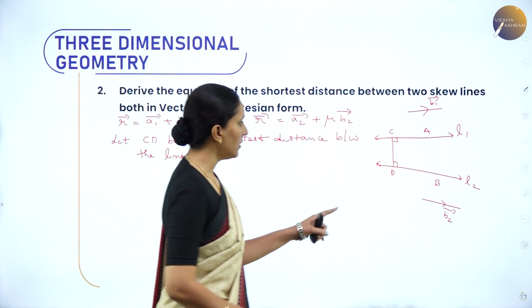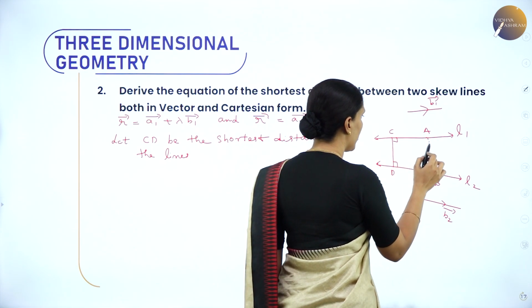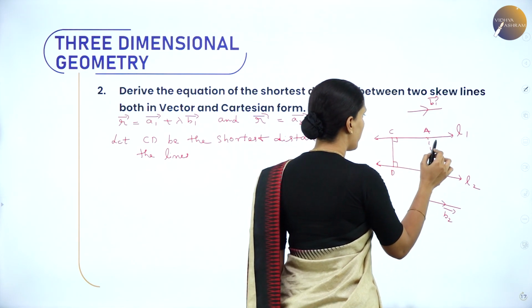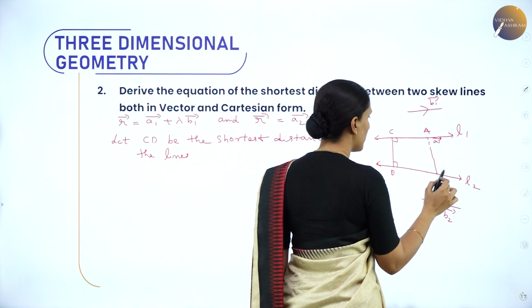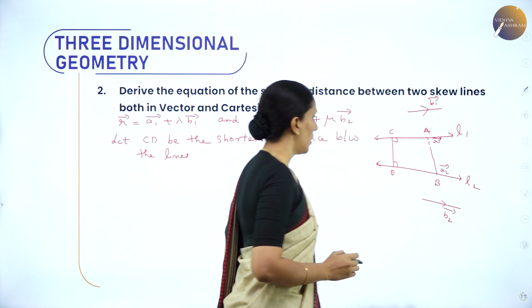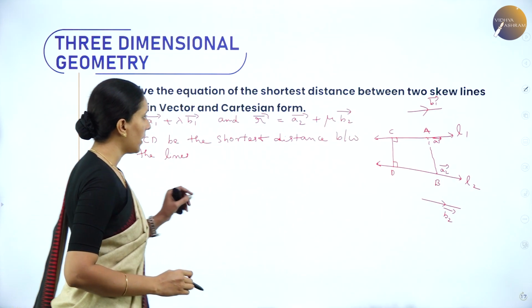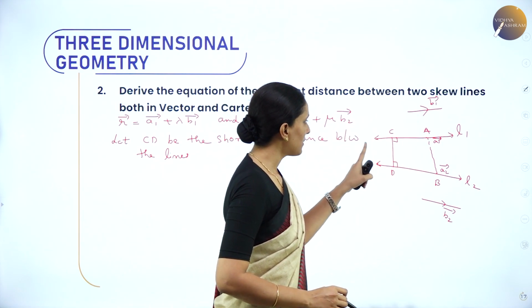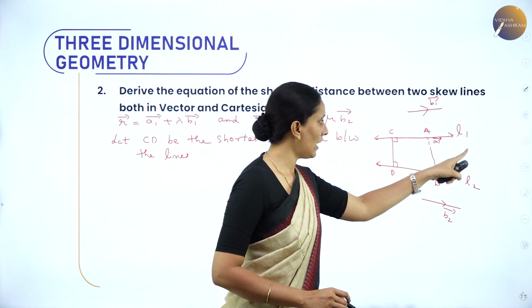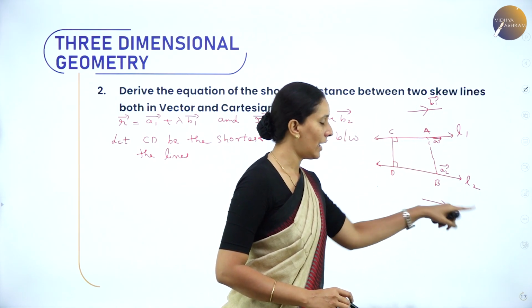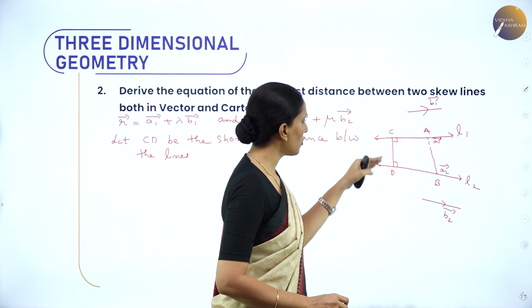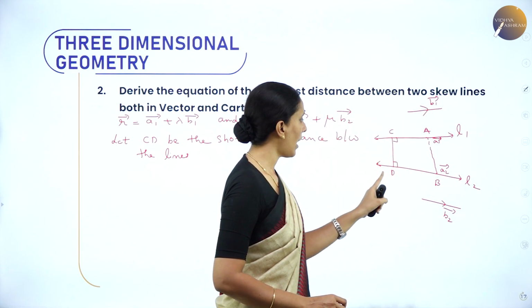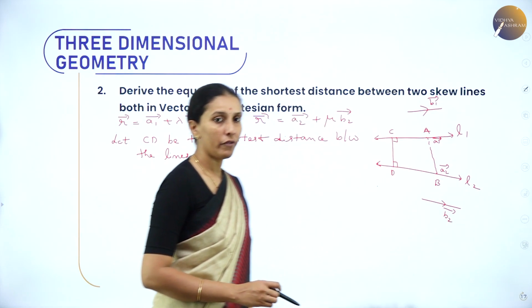Now from the figure, let us draw the vectors. This is vector A1 and this is vector A2. Clearly you can see the line CD is perpendicular to both line L1 and line L2, which means it is also perpendicular to vector B1 and vector B2.